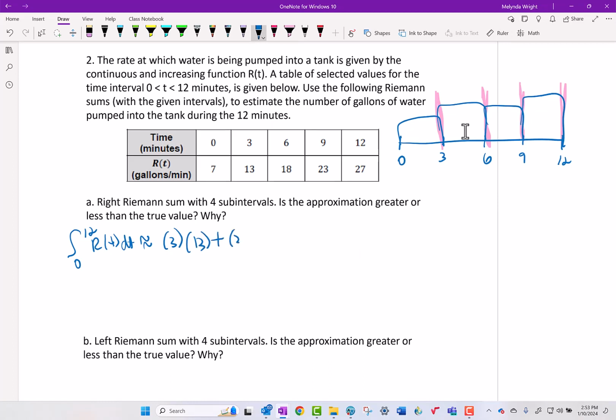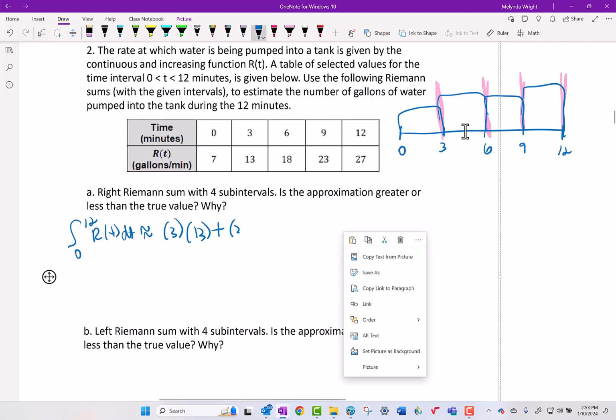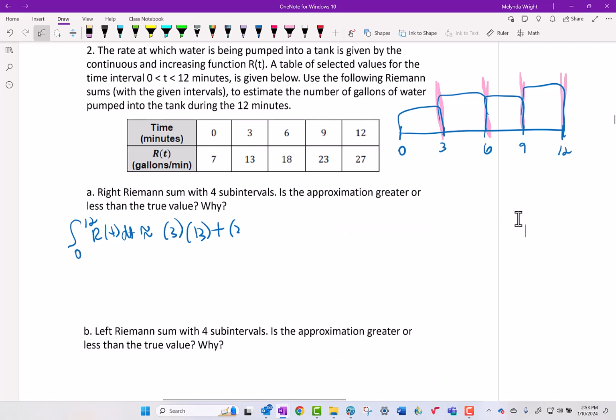The 6 is, isn't that lovely? It just stopped writing on me, just all of a sudden. Let's see if it will behave. I don't know. Are all the heights going to be 3? For this one, they are. Okay, well, we'll just get out my extra stylus. Now, I will tell you, this example has all even numbers, but to be honest, on the AP test, that's not kind of normal.